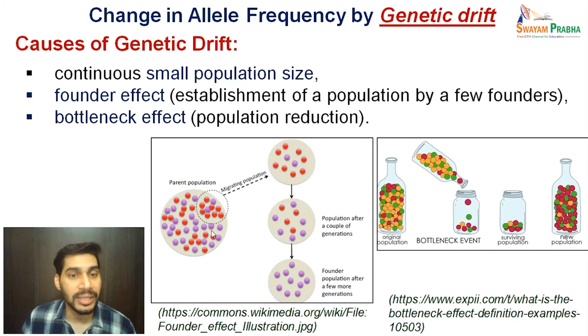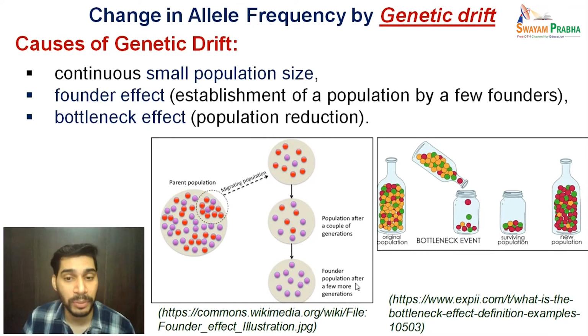Let's assume this is a parent population, and some of the individuals from this parent population migrate from here to some other place and establish a new population here. So there is an establishment of a population by some of the members from the previously existing population, and these members are called founders.